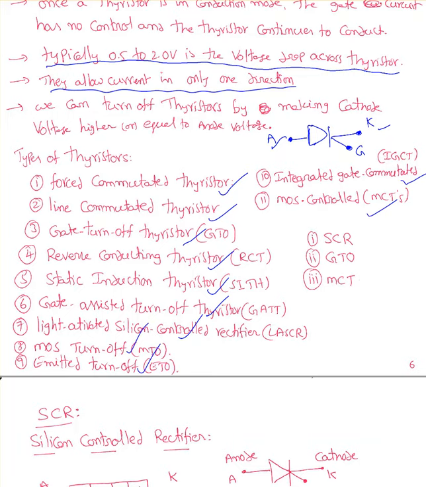All these 11 come under three categories: one is SCR, silicon controlled rectifier; another is GTO, which is gate turn-off thyristor; and another is MCT, MOS controlled thyristor. MOS indicates metal oxide semiconductor. So every thyristor comes under these three categories: SCR, GTO, and MCT.